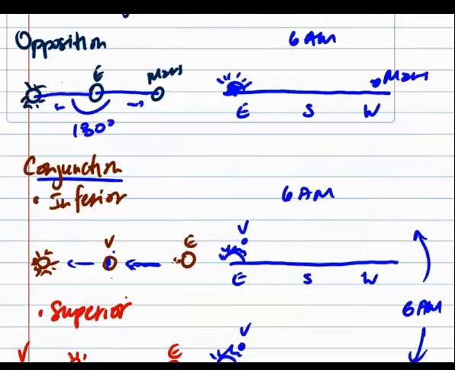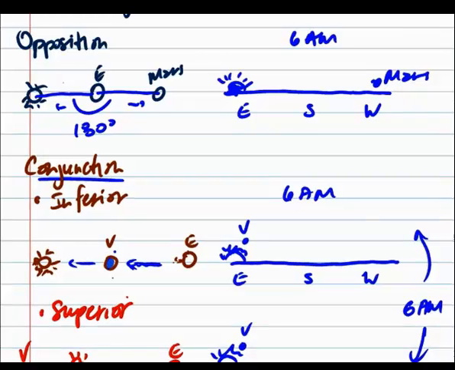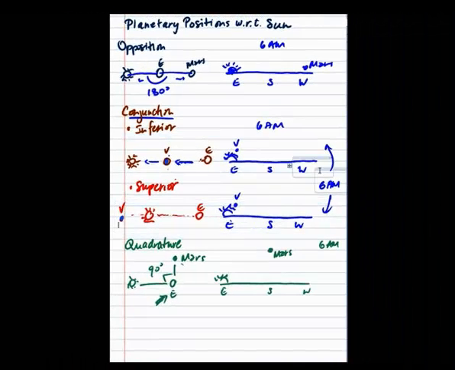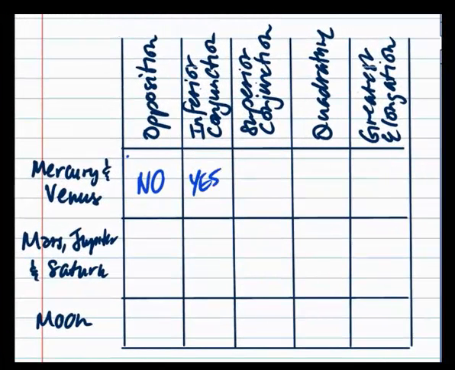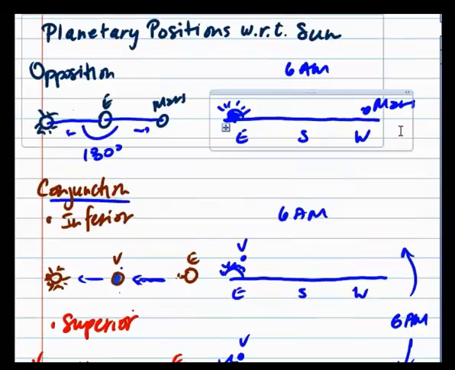Can Mercury and Venus be in inferior conjunction? I won't flip back all the time here, but you'll see that, sure, we used Venus here as a good example of inferior and superior conjunction. So we're going to definitely say yes here and a big yes here as well. Can Mercury and Venus ever be in quadrature? We look back here.